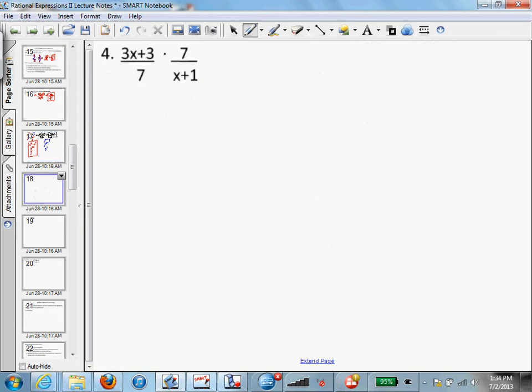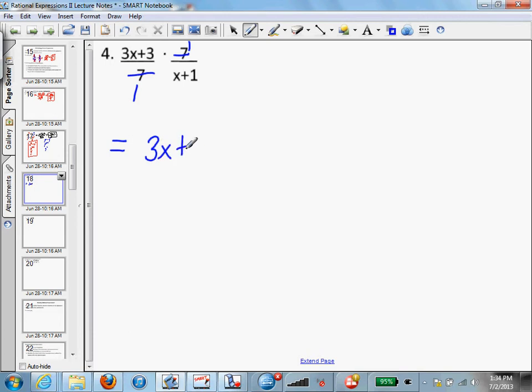Looking at some more examples, we have 3x plus 3 divided by 7 times 7 divided by x plus 1. For this first part, notice there's a 7 diagonally from each other. Those can cancel out right away, leaving 1.